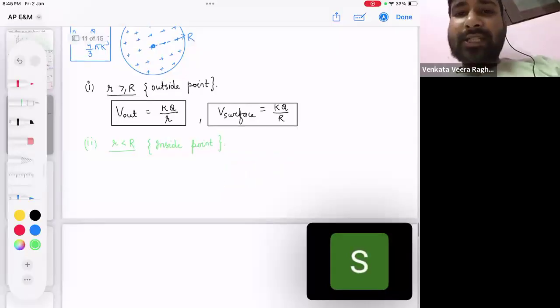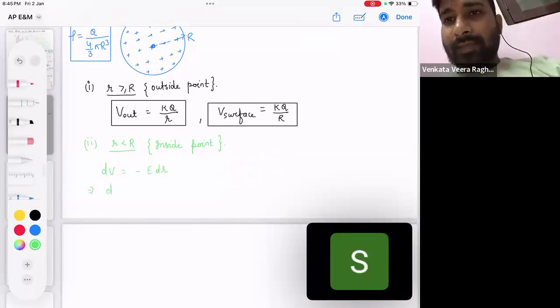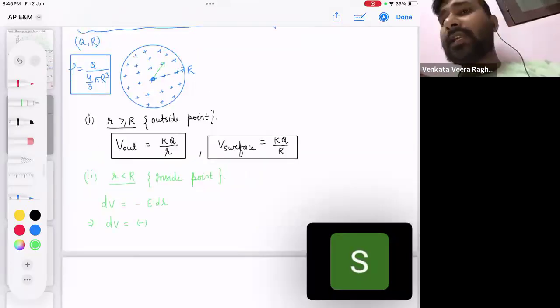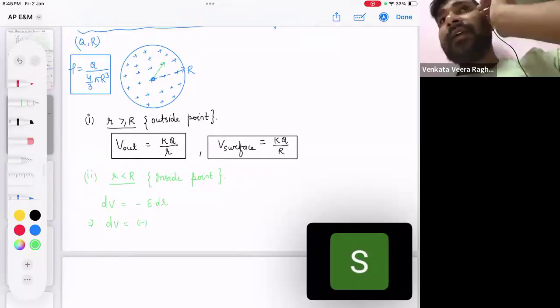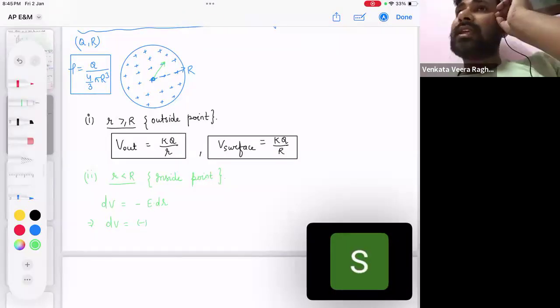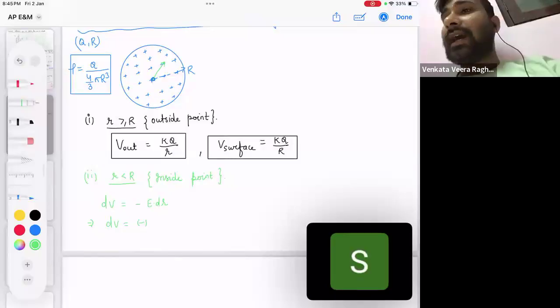Okay. See, tell me, how do we write the potential? Can we write potential, dV, equal to minus the field times dr? What is the field for a point lying inside the solid non-conducting sphere? What is the electric field inside a solid non-conducting sphere? Anyone remember? It was kQ small r by R cube. Do you remember?